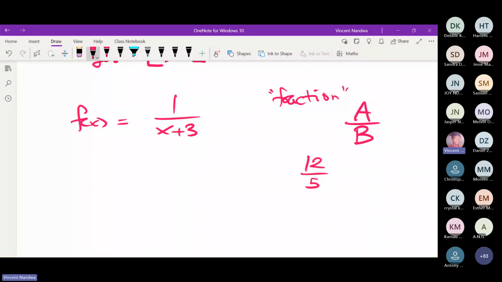What is the key thing for the fraction to be defined?